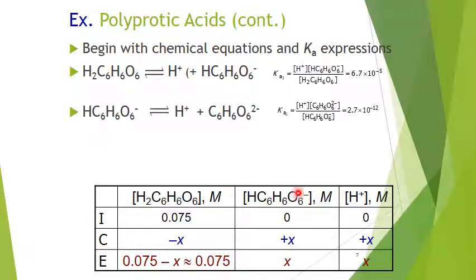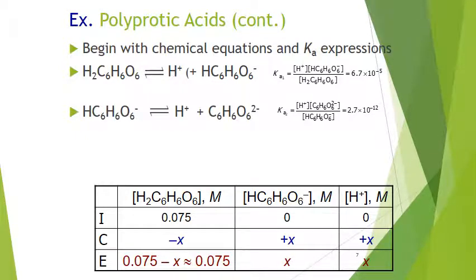So the first step is to figure out the H plus, pH, and find all three of these at equilibrium. We start at 0.075 molar, and the reaction moves to the right: minus x, plus x, and plus x. The x here, as we've been talking about before, is hardly significant, so you can leave it off.